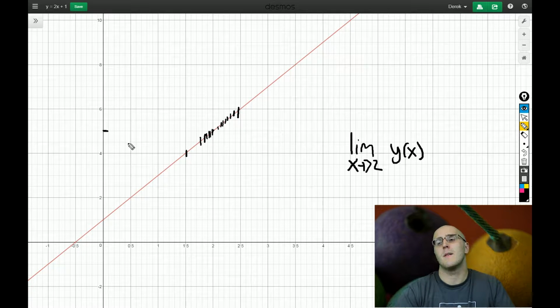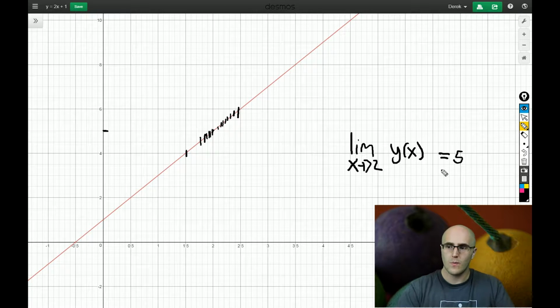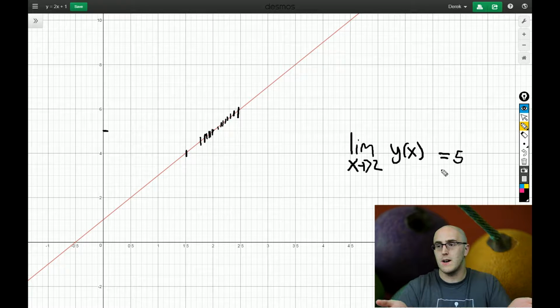Thusly, the limit of our function as x approaches 2 is 5. So this is equal to 5. And that worked fine. In fact, we could have just plugged 2 into our y equals 2x plus 1 function and gotten 5.